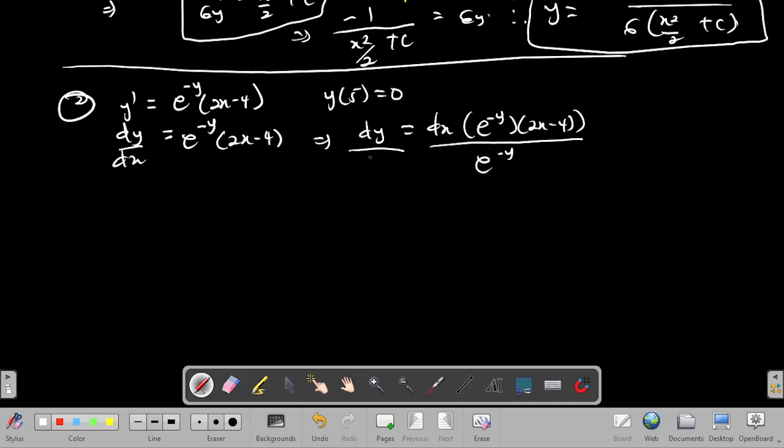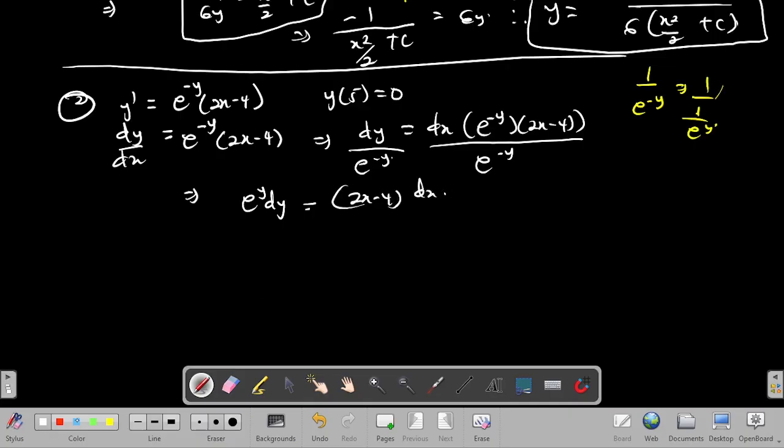What do I get here? Remember, dividing by e to the power negative y gives me e to the power y dy. If you didn't get that, you have 1 over e to the power negative y, the same as 1 over 1 over e to the power y. It somersaults, plus e to the power y, as simple as that. This should be equal to 2x minus 4 dx. Now we have successfully separated.